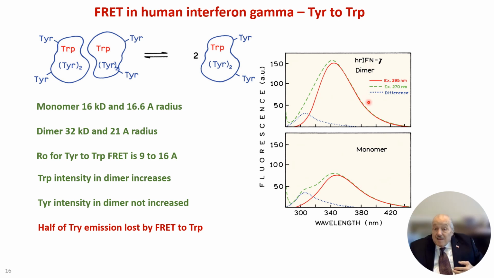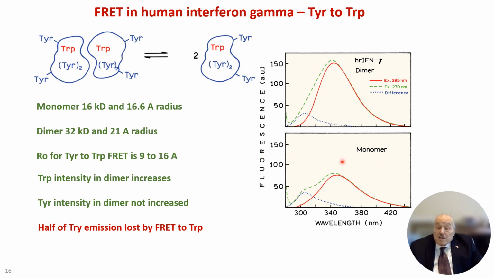That's great. These are normalized to the amount of protein that's there. The tryptophan emission is doubled here, but the tyrosine emission hasn't gone up at all. So this was taken as proof that there is a resonance energy transfer between tyrosine and tryptophan.